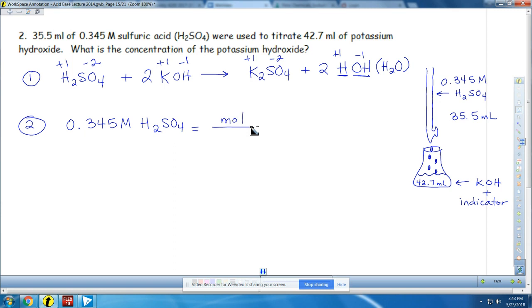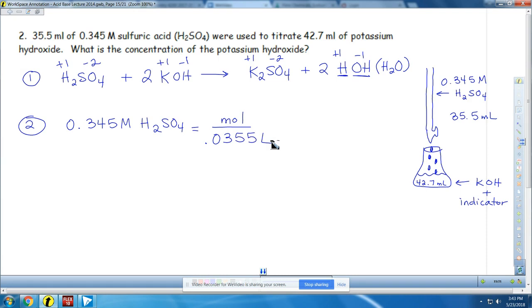We want to solve for moles. Again, this is like solution stoichiometry. I want to be able to use the ratio from the balanced equation, but it's a ratio of moles. So as long as I know the molarity and the volume, I just have to switch it to liters. So this will become 0.0355 liters.